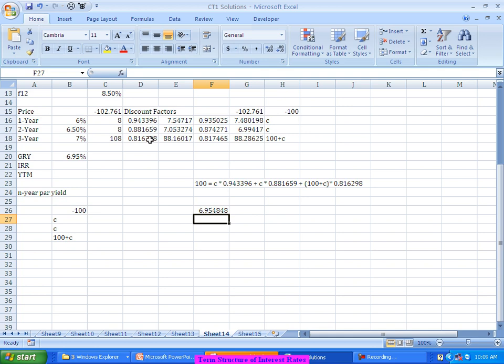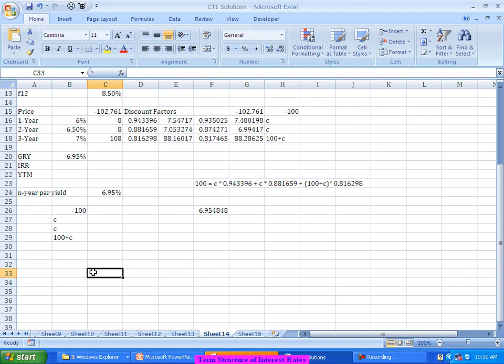and 100 on maturity. So this particular 6.9548% is what we are calling as the N-year par yield.